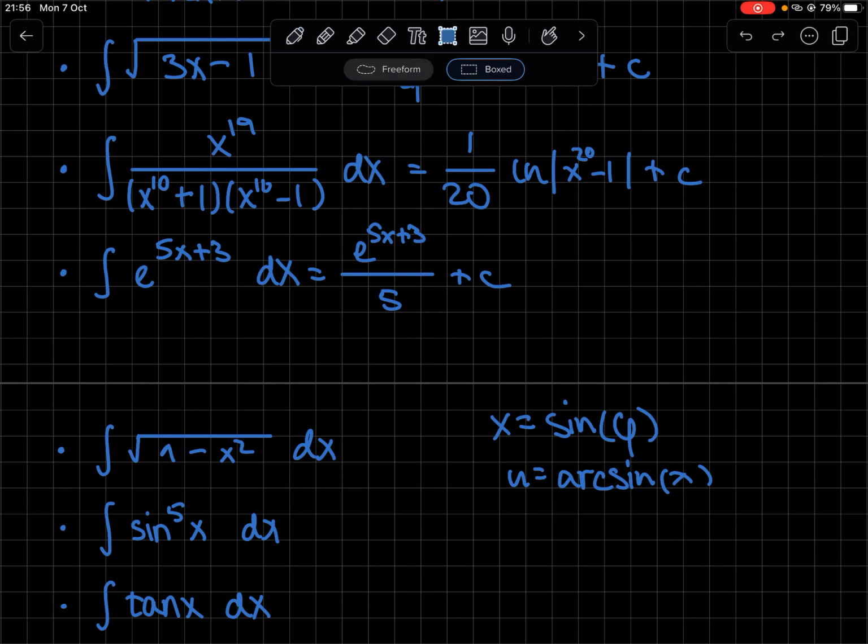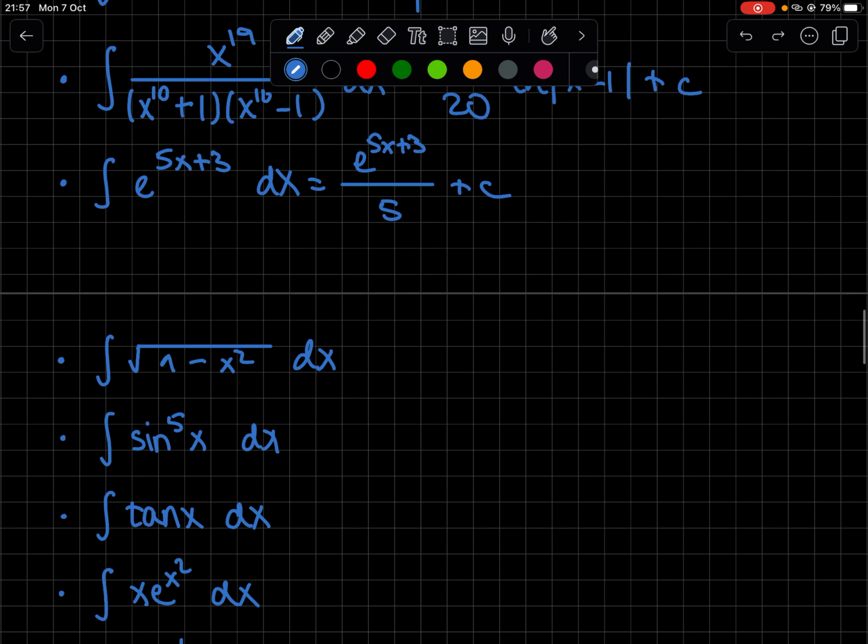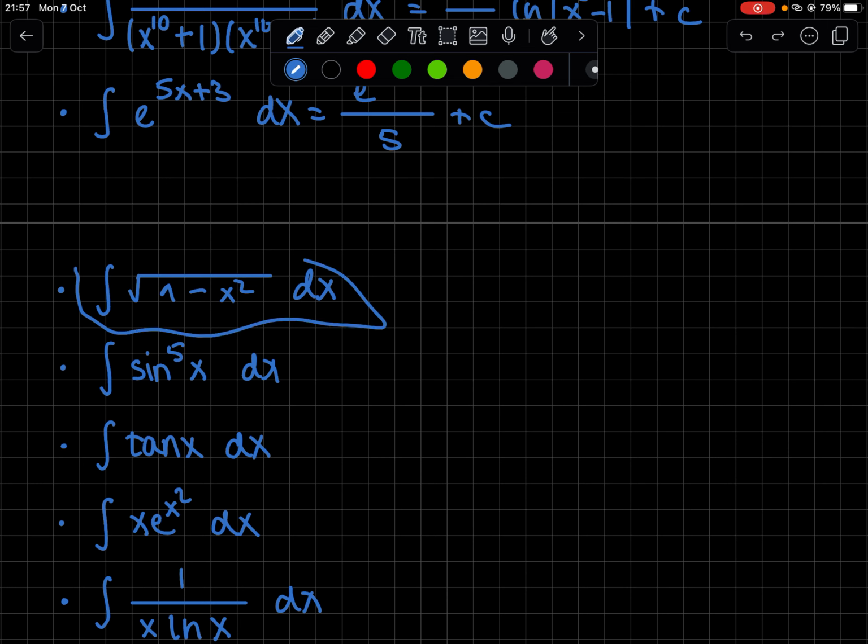But it's probably better to introduce this integral in the trigonometric substitution video. So we'll save that for later and ignore it for now. It is a famous integral, and we will spend quite a lot of time on it when we do trigonometric substitution.